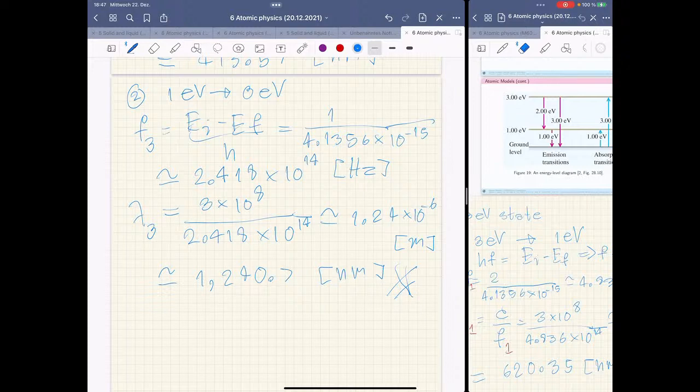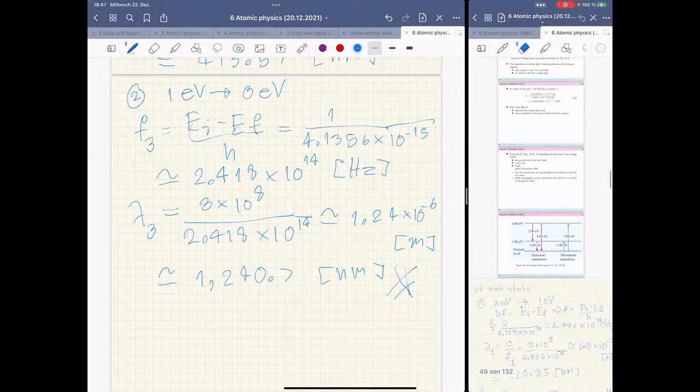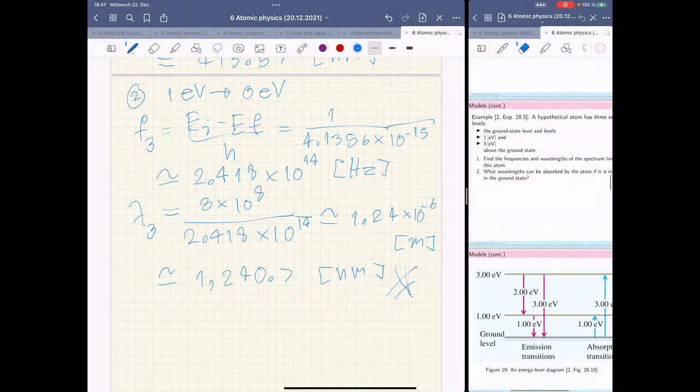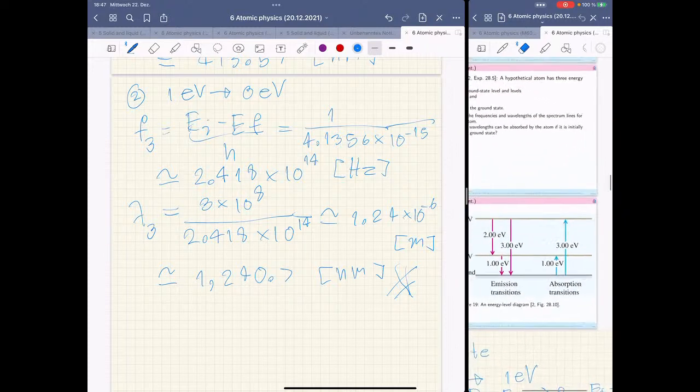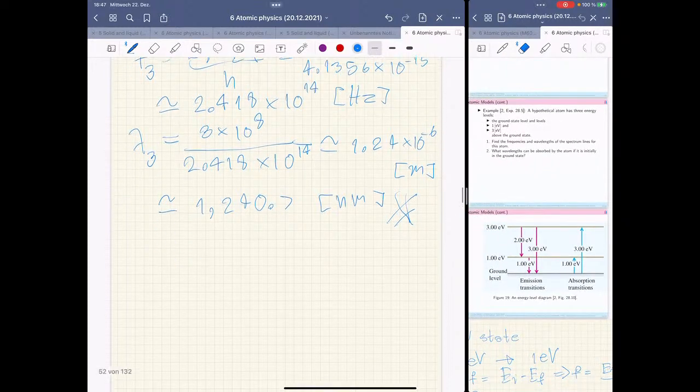Now we arrive at the story about the wavelength absorbed by the atom. It's initially in the ground state, right? From the ground state, there will be two possible energy changes, right?